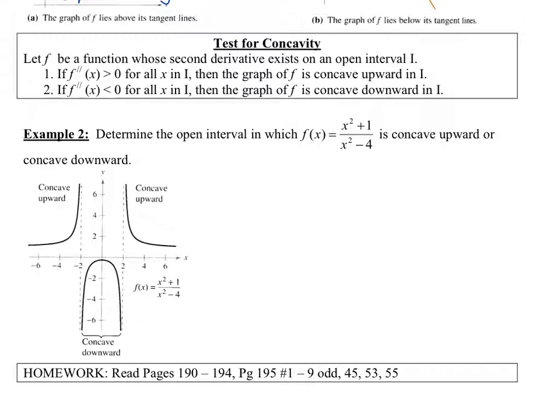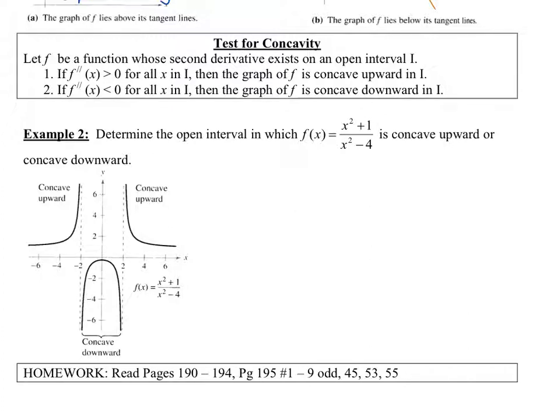Again, all this is preparation for the formal second derivative test that we're going to be learning. We're just setting the groundwork here for the second derivative test in this section.